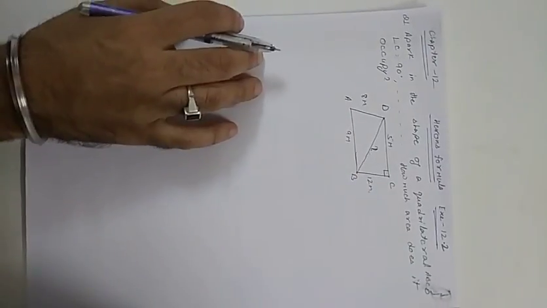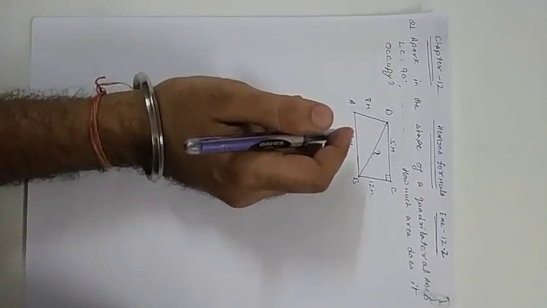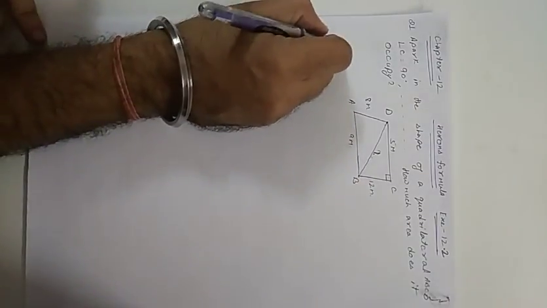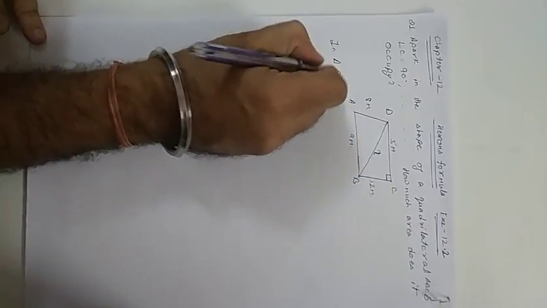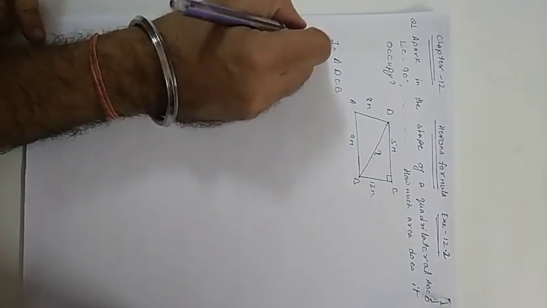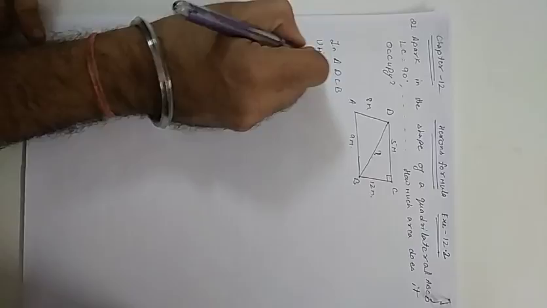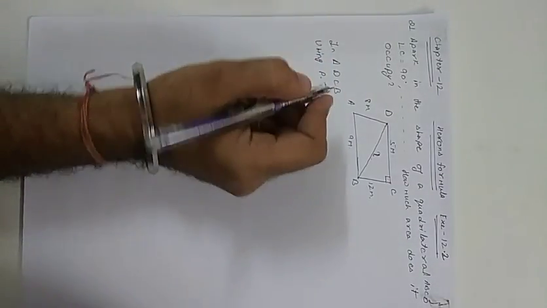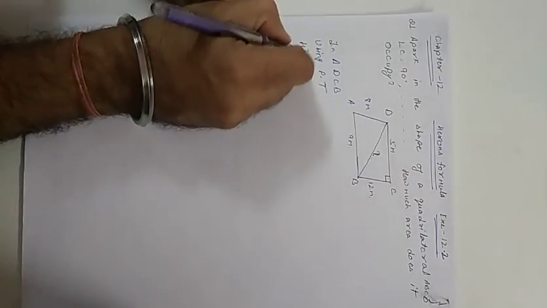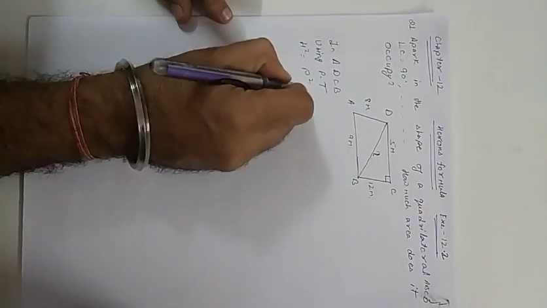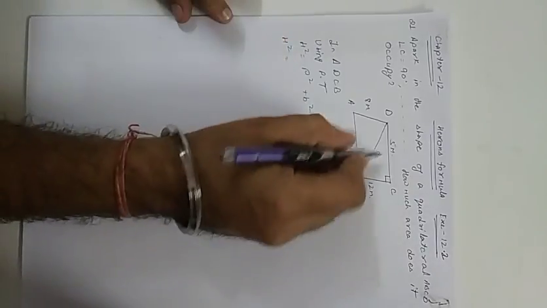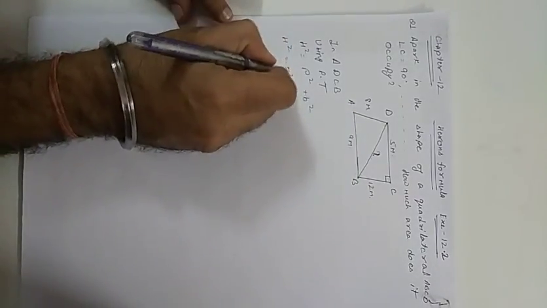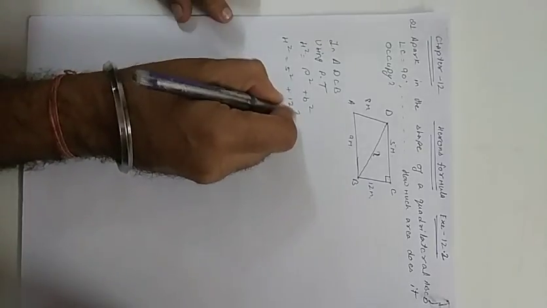So in triangle DCB, using the Pythagoras theorem. We know what the Pythagoras theorem is: h square equals p square plus b square. H we don't know, so h square equals 5 square plus 12 square.